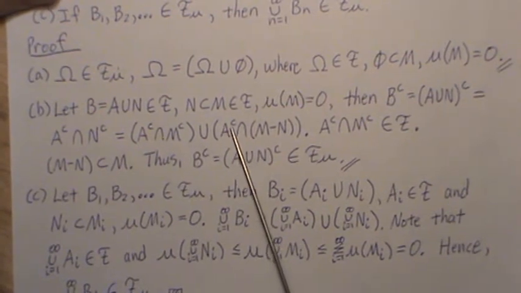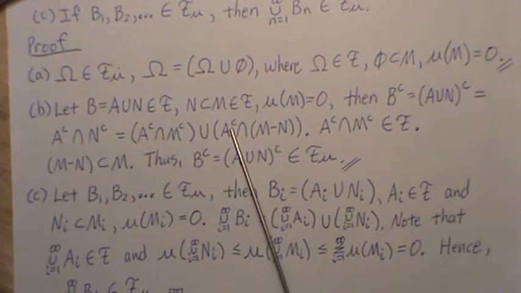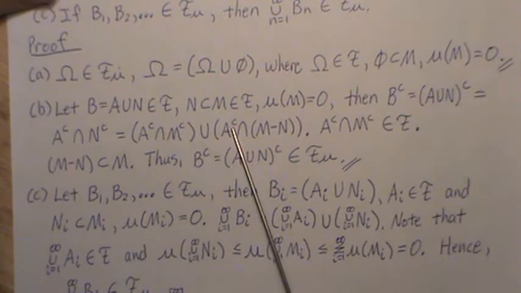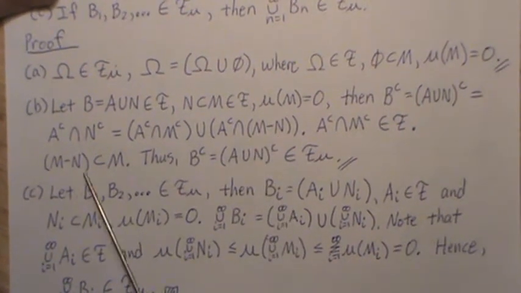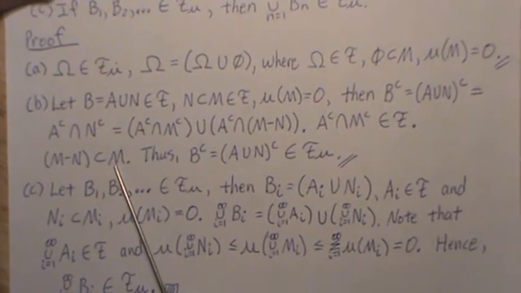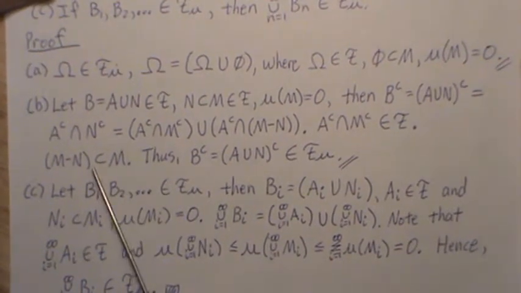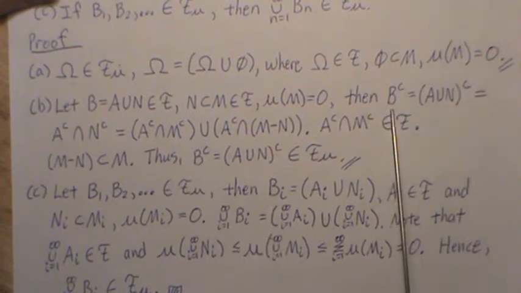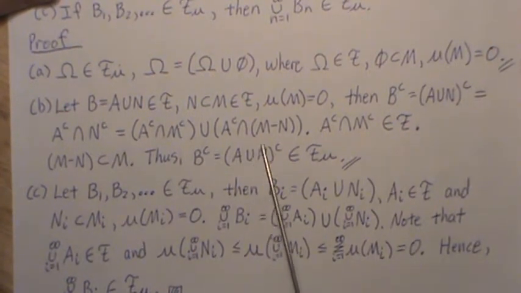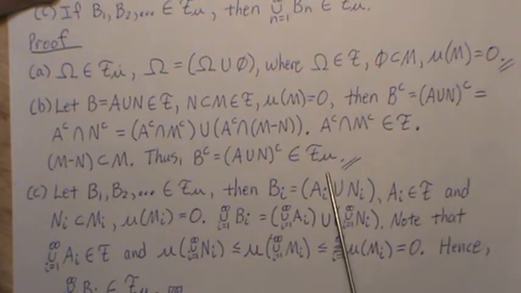So A complement is in F, and since M minus N is a subset of M, which has measure 0, then B complement, which is this, also has to live in the completion.